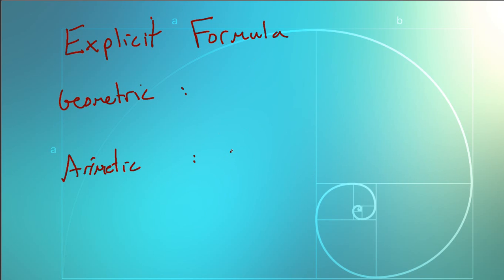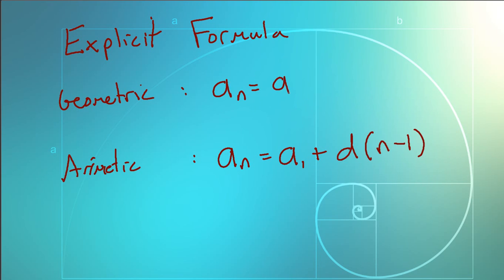So the arithmetic one is a sub n equals the first term plus the common difference times n minus 1. And geometric is a1, the first term, times the common ratio to the n minus 1.